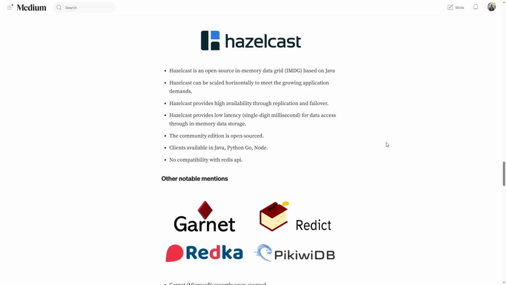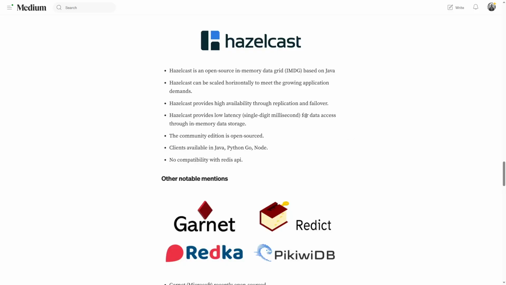Hazelcast is an open source in-memory data grid based on Java, and it can be scaled horizontally to meet growing application needs. It provides high availability, replication, failover, everything. It is almost an enterprise product. It has an open source community edition, but for production systems you will have to take a license from Hazelcast, and it has full support, in the sense that you get a full-fledged product which can do an in-memory key value store for you.